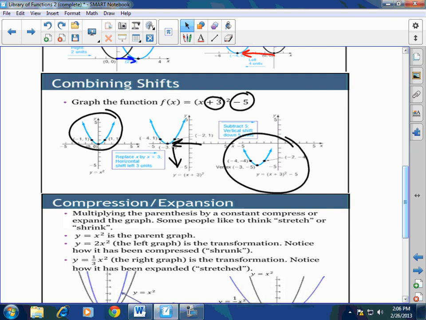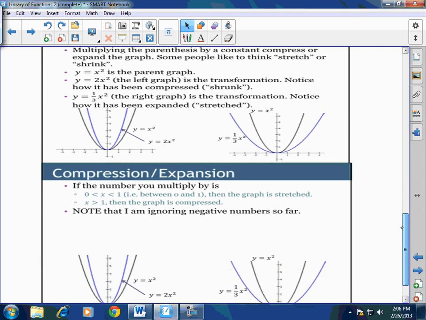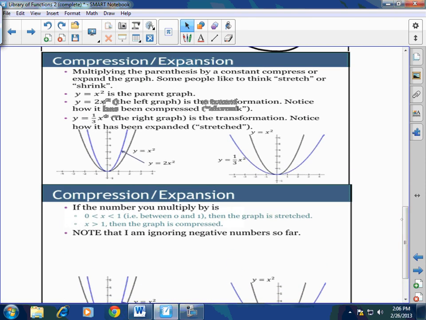Okay, compression and expansion. Again, all of this is review. If the number being multiplied to x, I don't like that. Let's make this an A, and let's make that an A, all right?